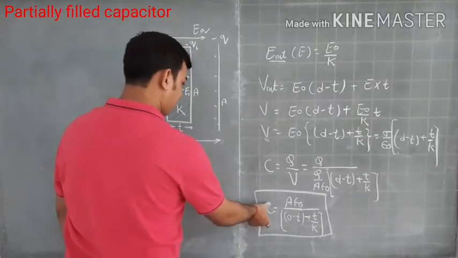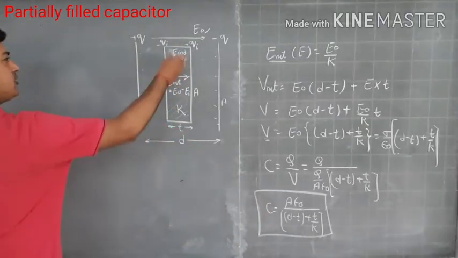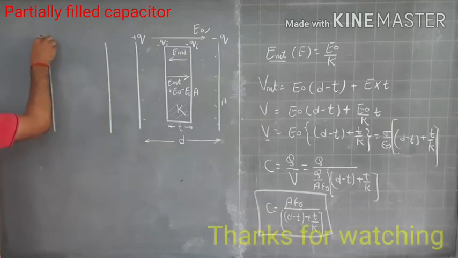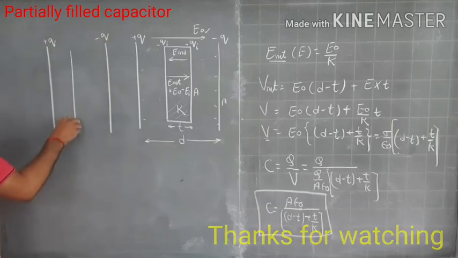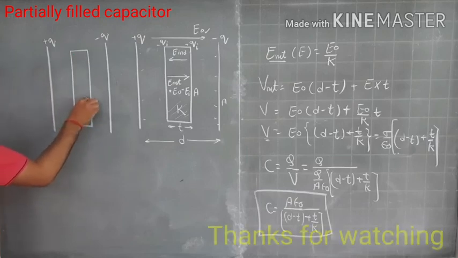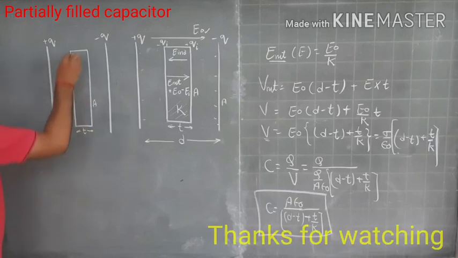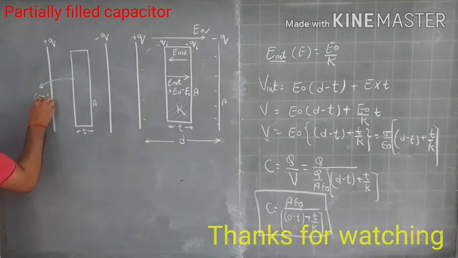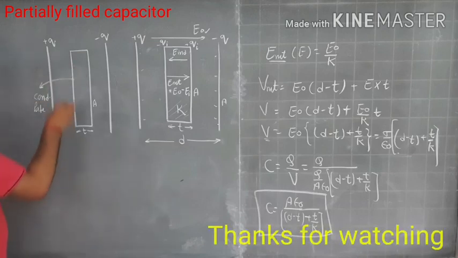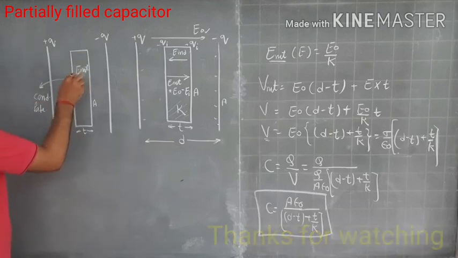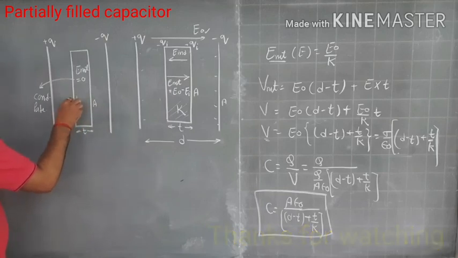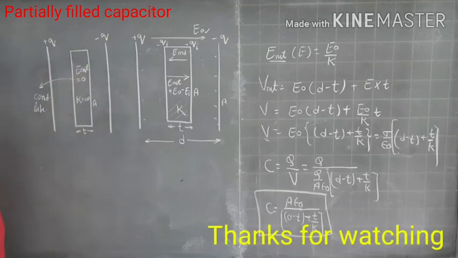Now, a very important outcome can be taken from this concept. Suppose in place of this dielectric I have a conducting plate of the same area and the same thickness. If it is a conducting plate, you know that the net field inside it must be equal to 0, and also that K is infinite for a conducting plate.